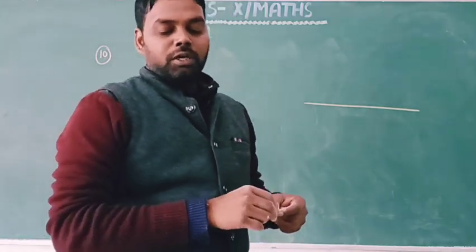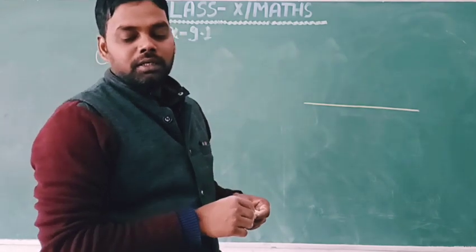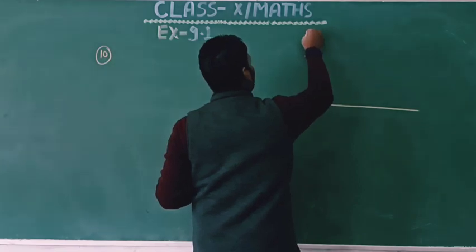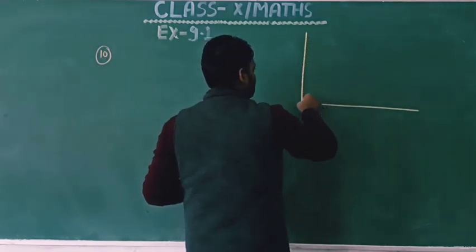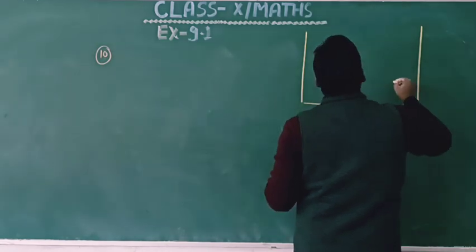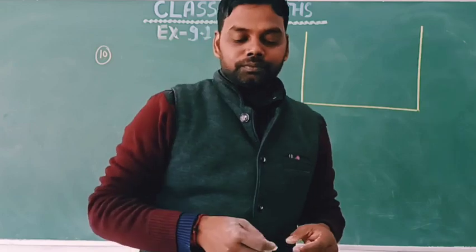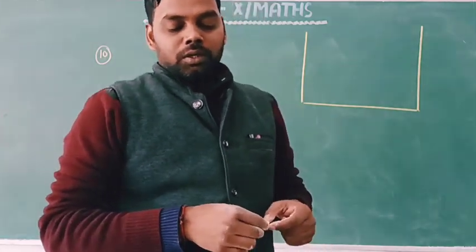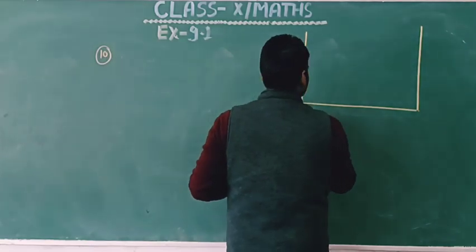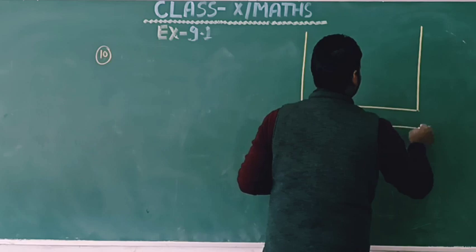So we have two poles of equal height. This is the first pole and this is the second pole, standing opposite each other, and the road is 80 meter wide.